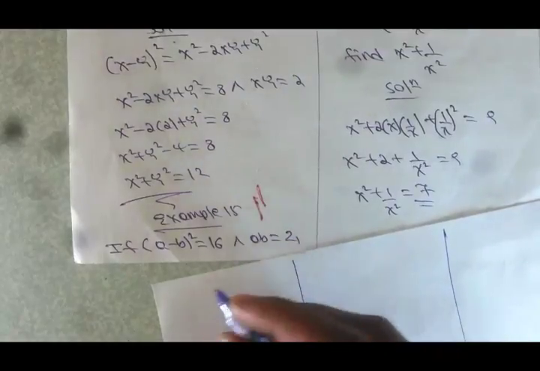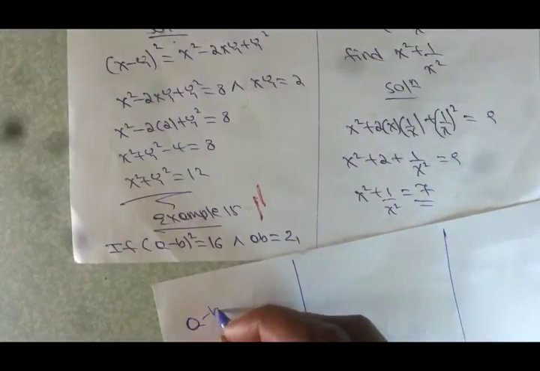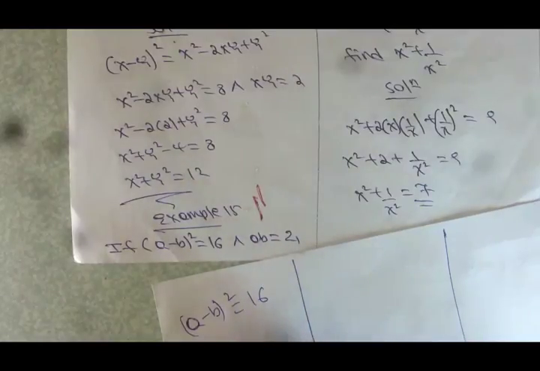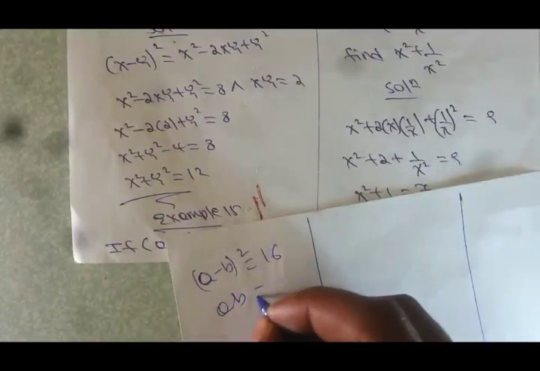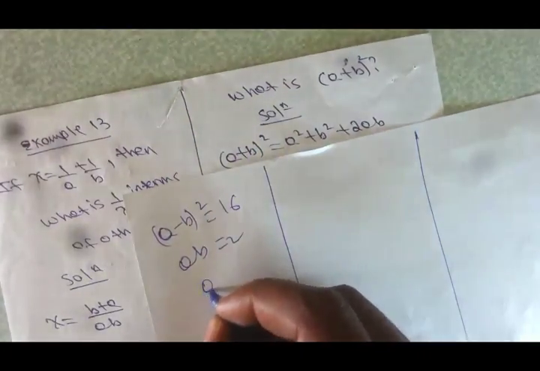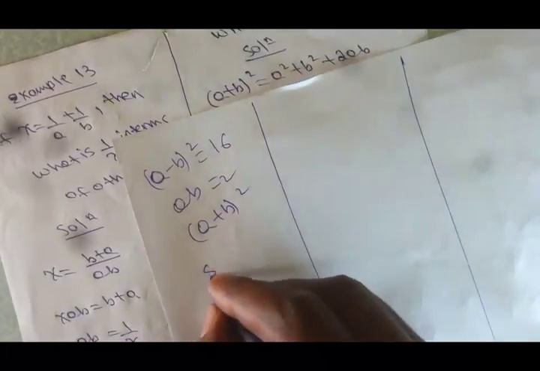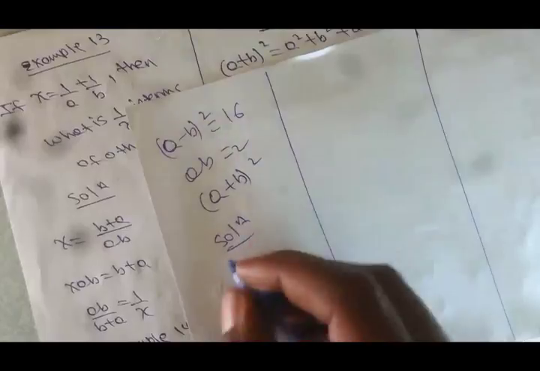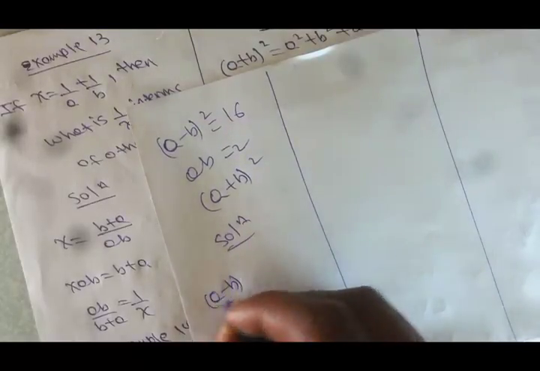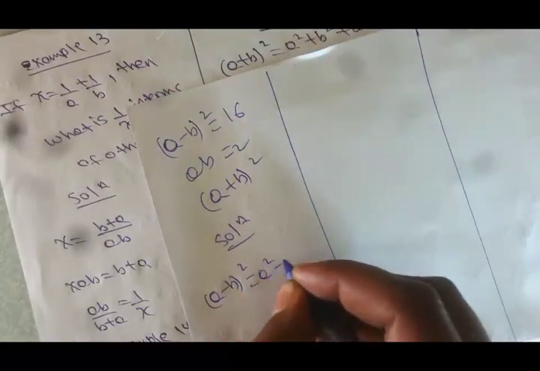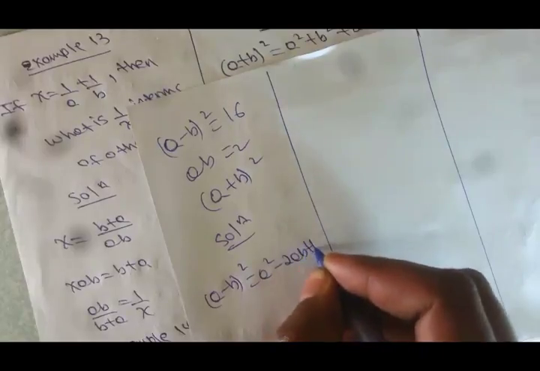Example 15 is given. a minus b the whole squared is 16 and ab is 2, and we are asked to find a plus b the whole squared. Solution. We know that a minus b the whole squared is equal to a squared minus 2ab plus b squared.